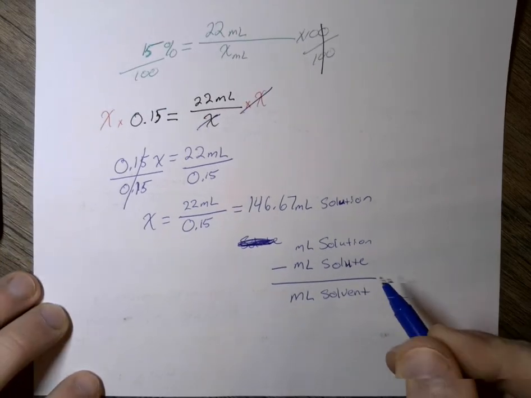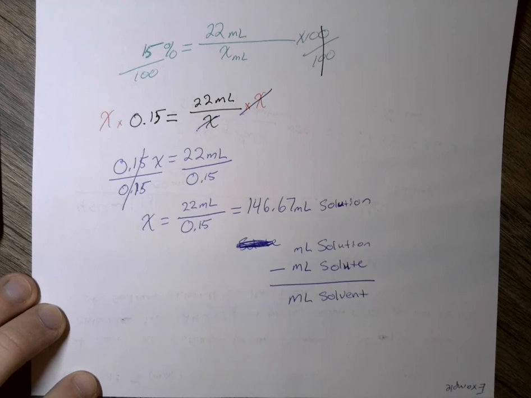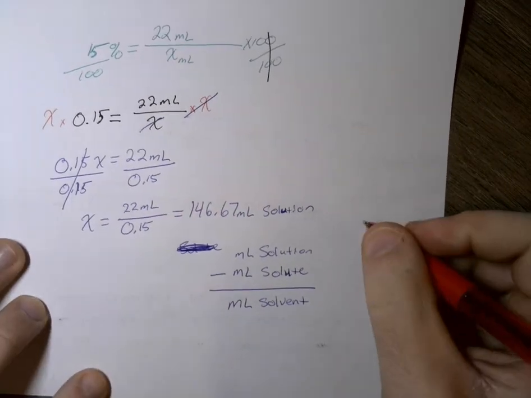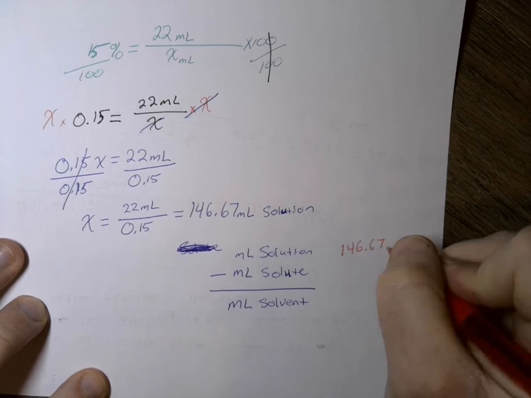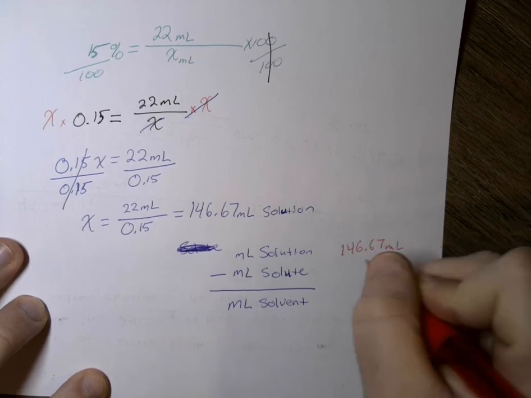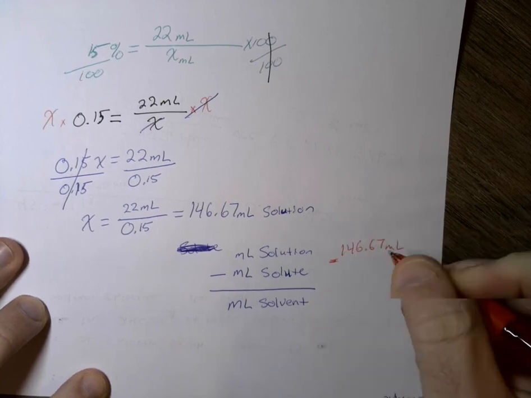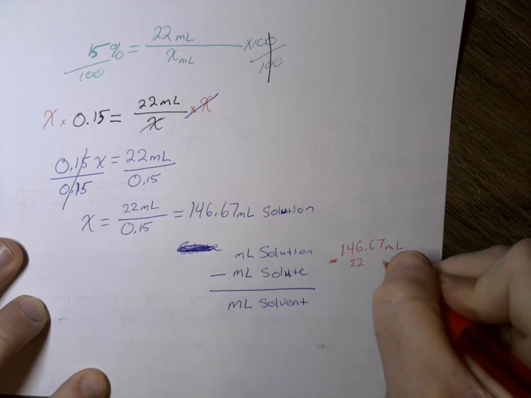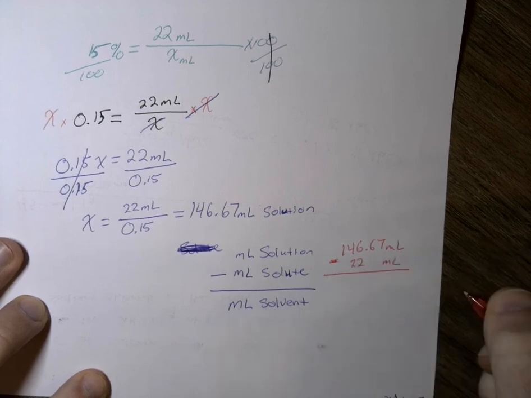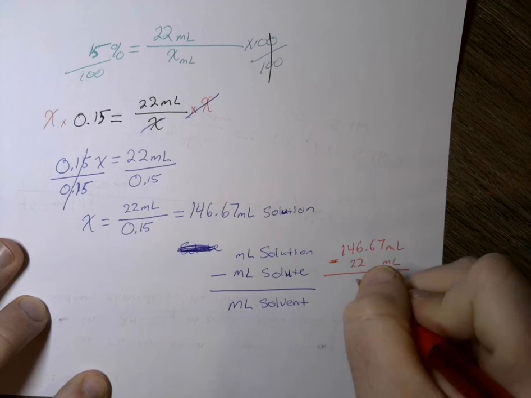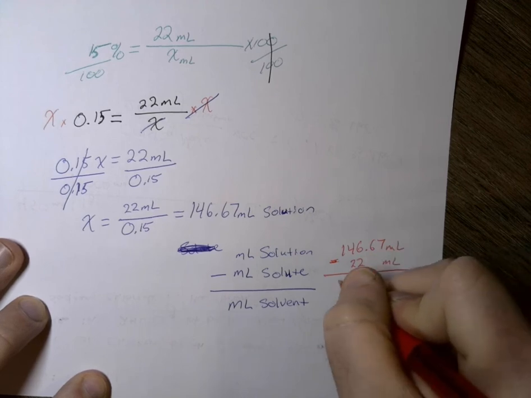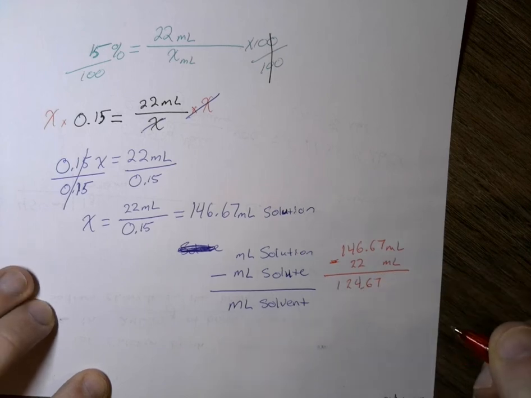So that means if I rewrite this, I have the 146.67 milliliters of solution minus 22 milliliters of solute. So that gives me 124.67, and we were only really given two significant figures.